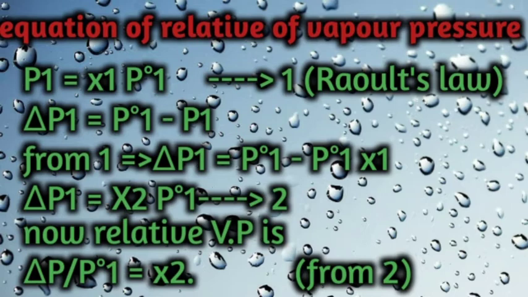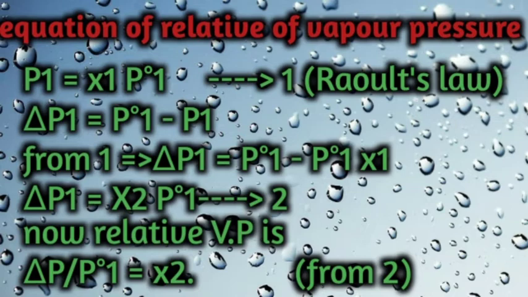Let's try to understand how we got this. P1 equals x1 P01. We get this from Raoult's law. P1 is the partial pressure of component 1, x1 is the mole fraction and P01 is the vapor pressure of the pure solvent, as we know already. The second step is we have to calculate delta P1, which is P01 minus P1.